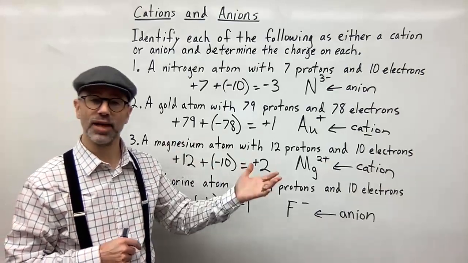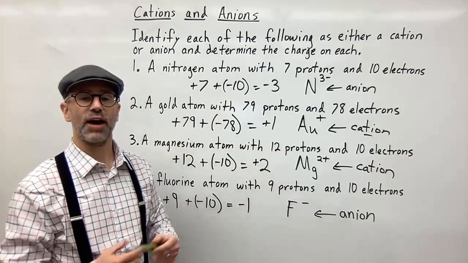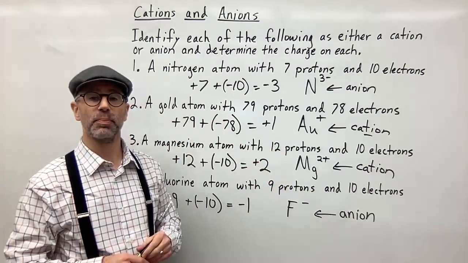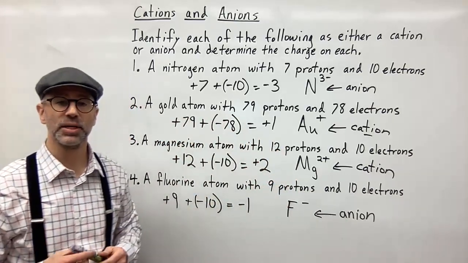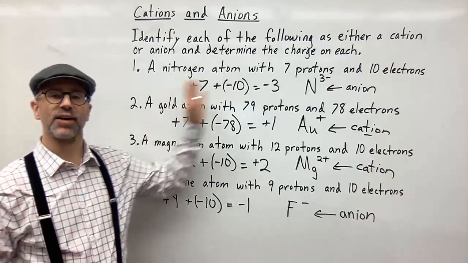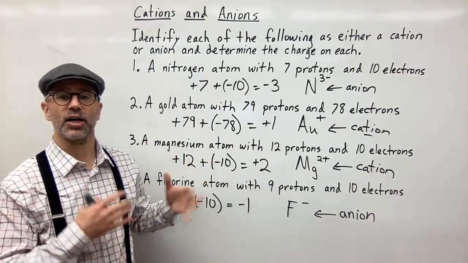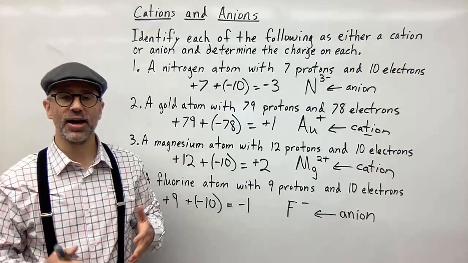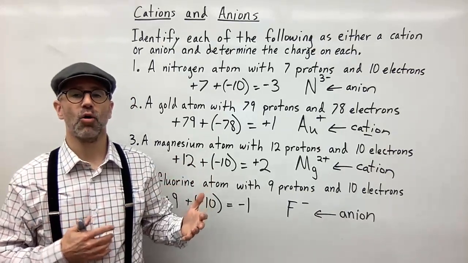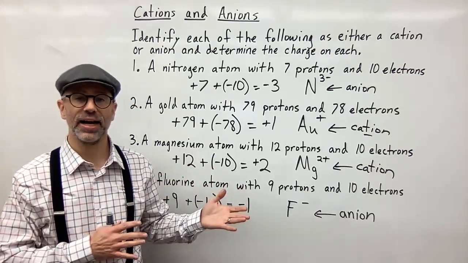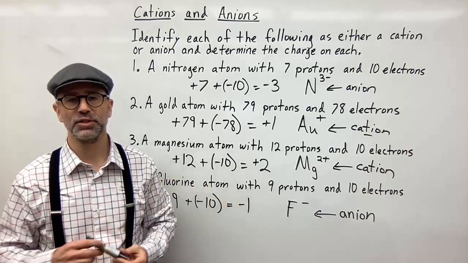If I have more protons, it's going to be positive. If I have more electrons than protons, then it's going to be negative. This is how you determine the charge on your ion, and it's going to be an anion if it's negative, a cation if it's positive.